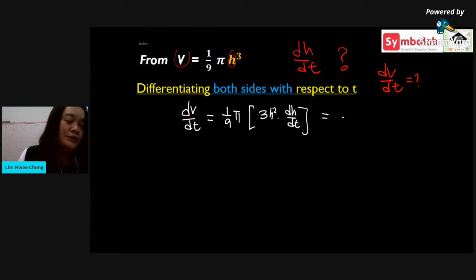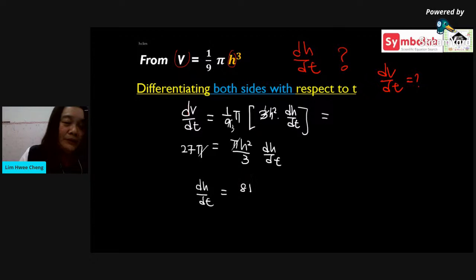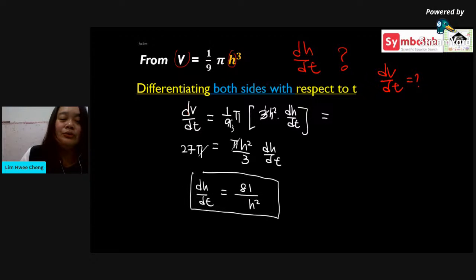Then after that you simplify, and you get pi h squared over 3 dh/dt. From the question they give you dv/dt as 27 pi. The pi and this one are omitted. So you have dh/dt equals 81 over h squared. That's how you show it.